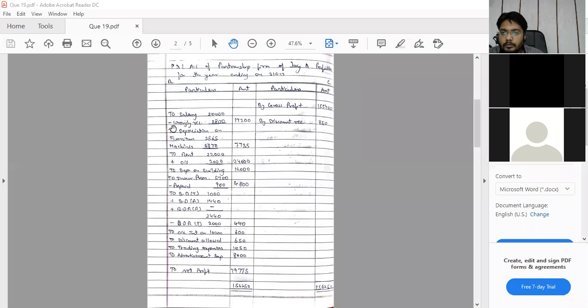As it is partner's salary, it won't be written on the P&L debit side, but wrongly it is included in salary, so deduct from salary, wrongly recorded. How much? For 4 months, which is 2,800. So total in the outer column will be 17,200. This is the first effect.